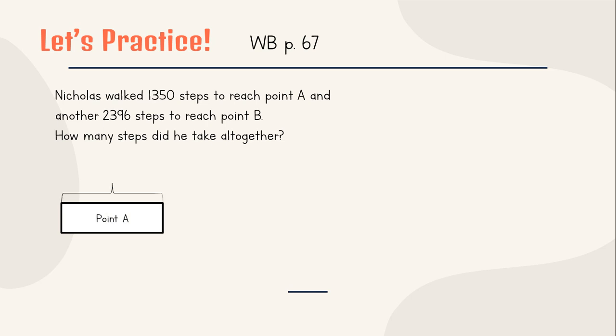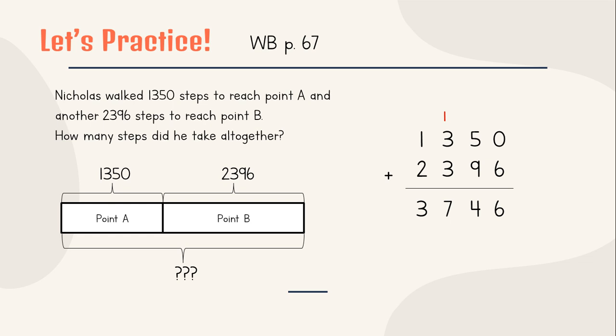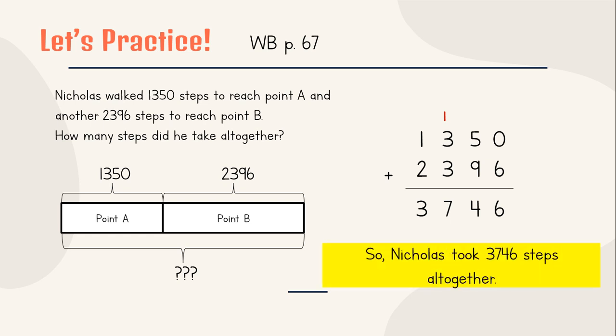As you can see, altogether means what? Plus it. So for all of them, what are we going to do? Addition. So add it. 0 plus 6, 6. 5 plus 9, 14. Keep 1 there. 100 plus 300 plus 300, 700, and 3,000. So how many steps did Nicholas take? 3,746 steps altogether.